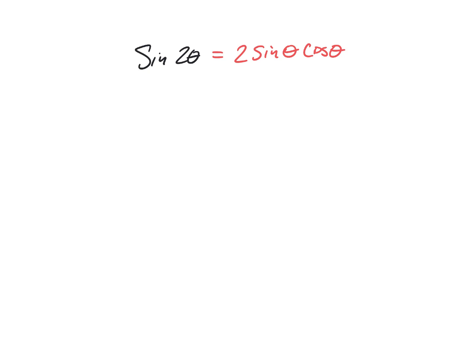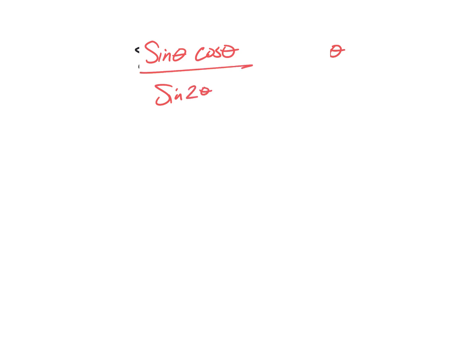Now use that fact to answer this question. Sine theta cosine theta over sine of 2 theta is equal to 1/2. Prove it.